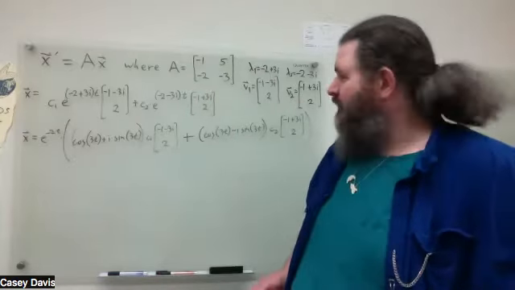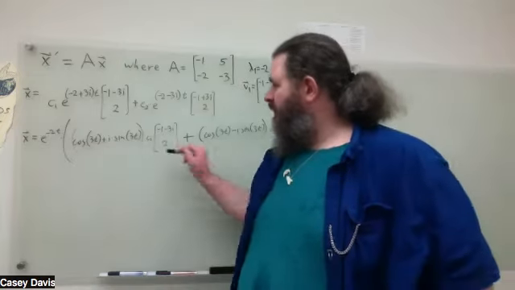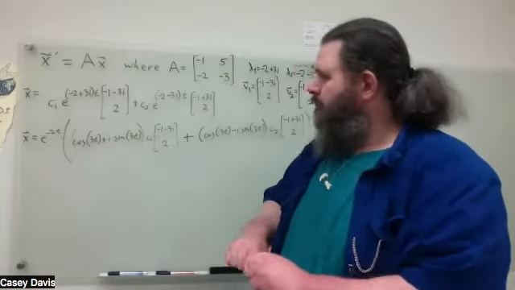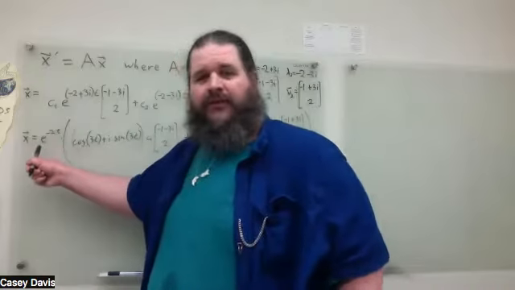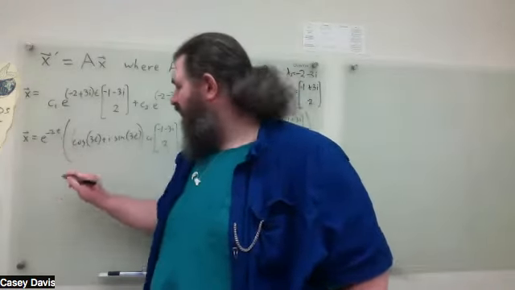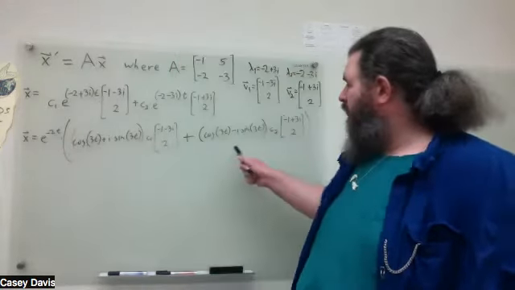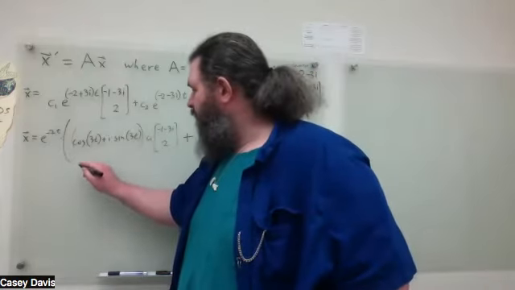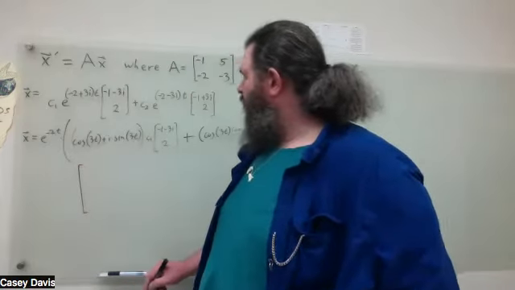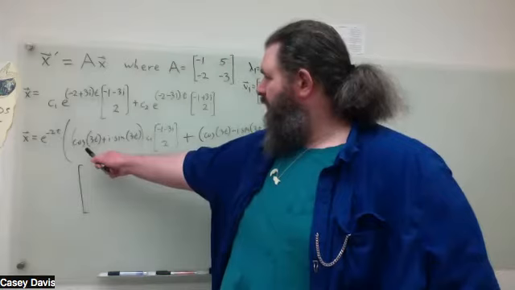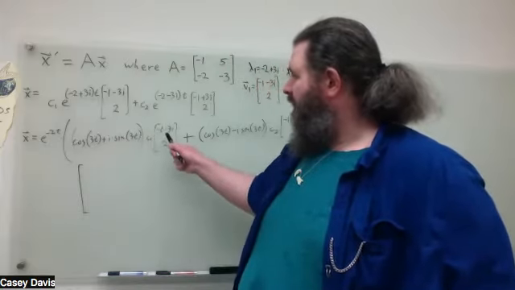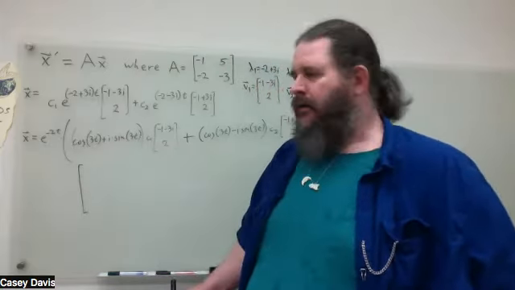So let's try that out and see what happens. If we multiply it all out, and I'm leaving out the e to the negative 2t here. Keep in mind, we still have this e to the negative 2t. But if we combine all this into just one big vector, we've got cosine 3t gets multiplied by c1 and this negative 1 minus 3i.